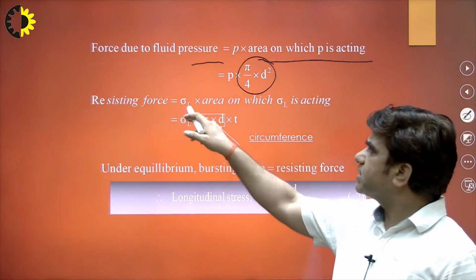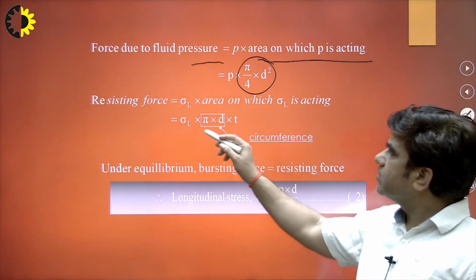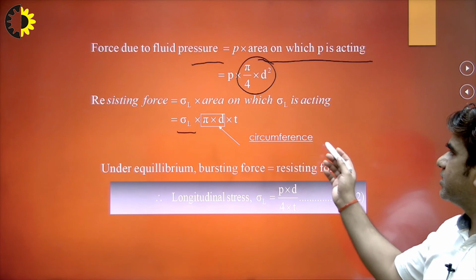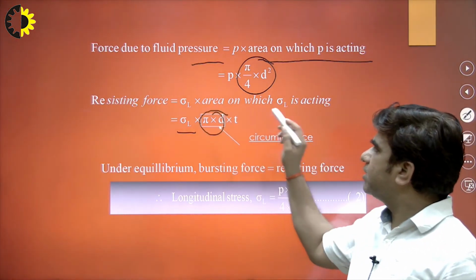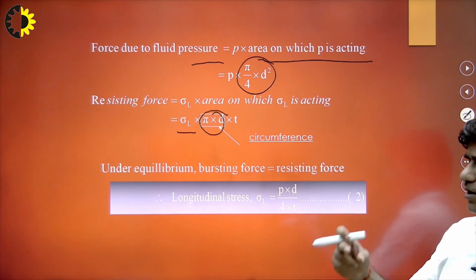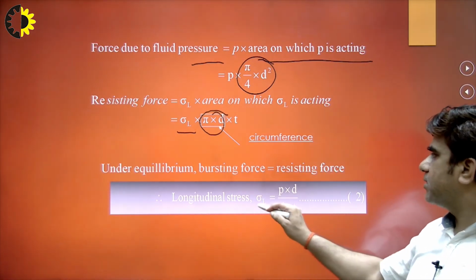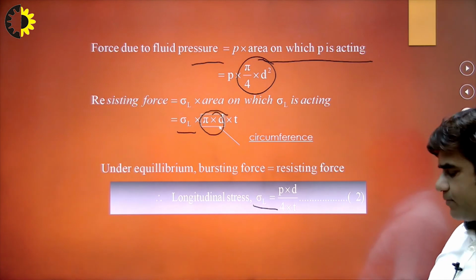Then the resisting force is sigma L into the area on which sigma L is acting, so sigma L into pi d t, which is the circumference and thickness of the circular end. Under equilibrium condition, again sigma L is calculated as P d by 4t.